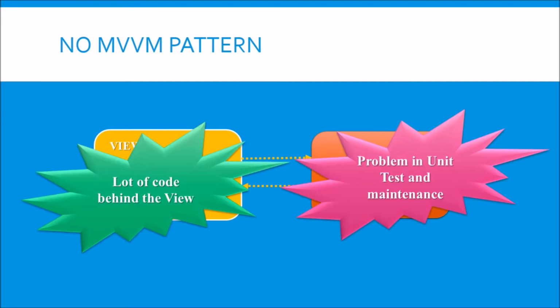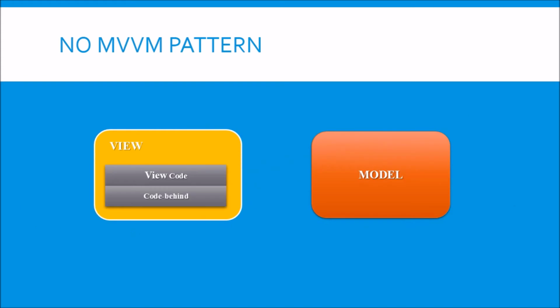So we face a lot of code behind in the view to send and receive events, for example, and if we want to build a unit test, it will be hard or impossible. So let's take a look at this picture that describes our situation. This is the view, here the model, and here the different interactions.